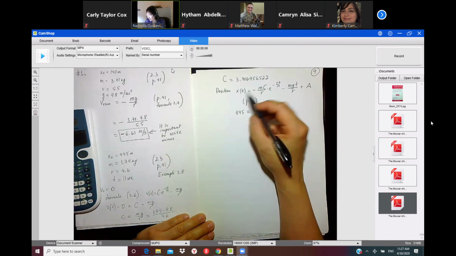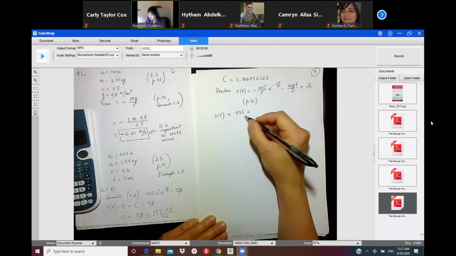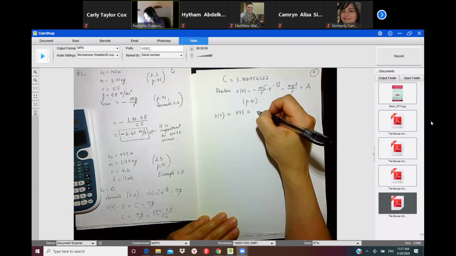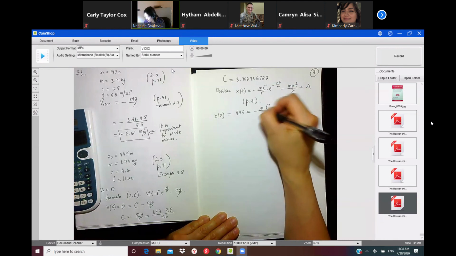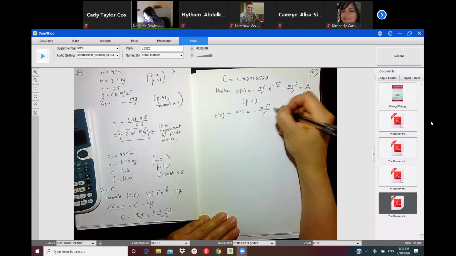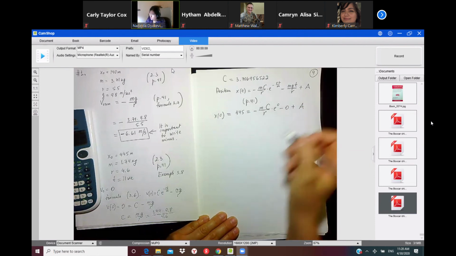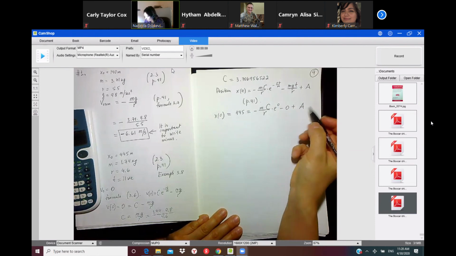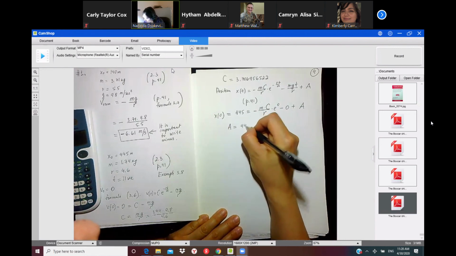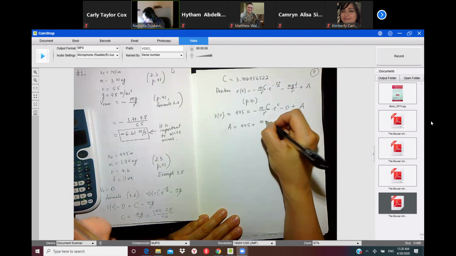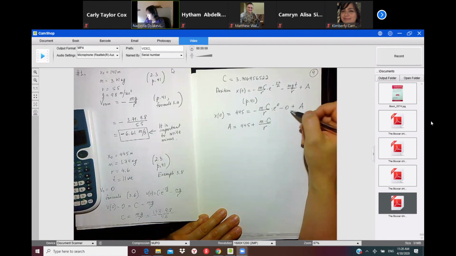Actually, x of 0 equals 445, which is equal to minus m times c over r e to the 0 minus 0 plus a. So from this, we should be able to find a. A will be 445 plus m times c over r. This is just 1, and this is 0.